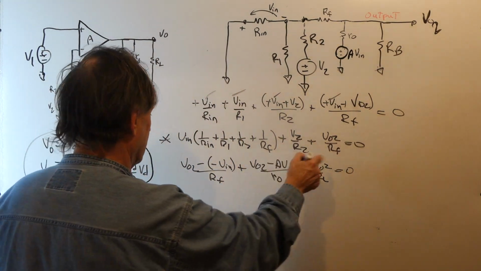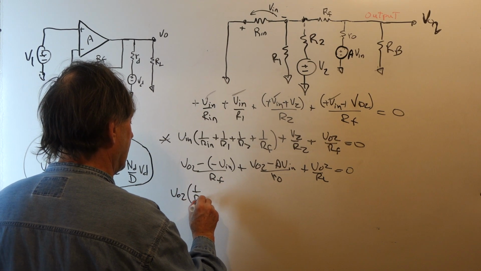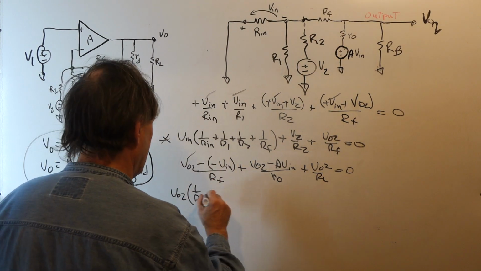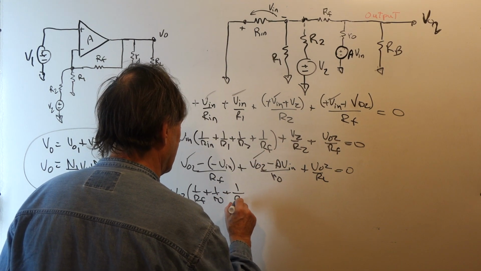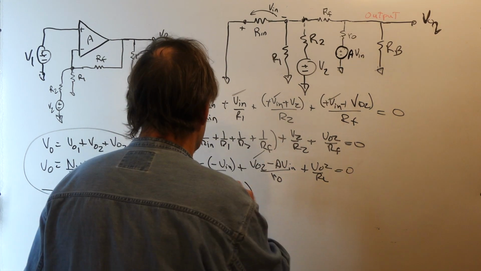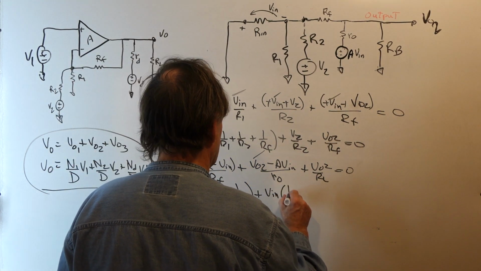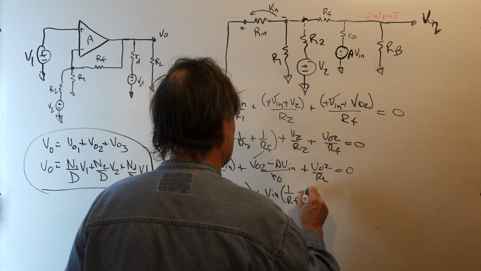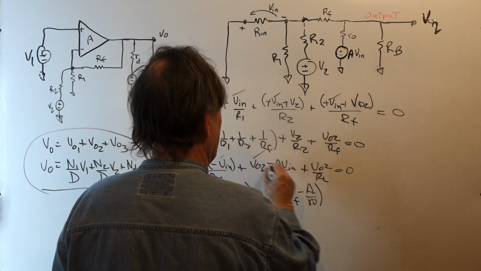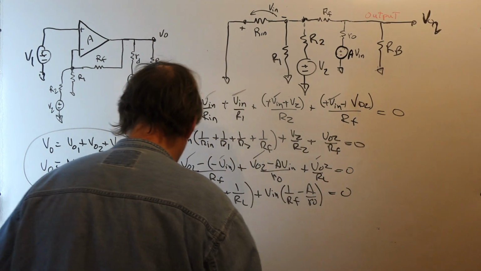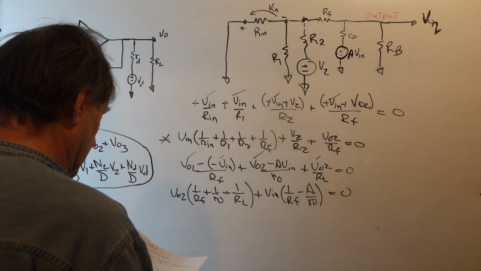Again, combining like terms, we have VO2 times 1 over RF, plus 1 over R0, plus 1 over RL. And then a minus minus gives us a plus Vn times 1 over RF minus A over R0, and that's equal to 0. So that's our other equation.